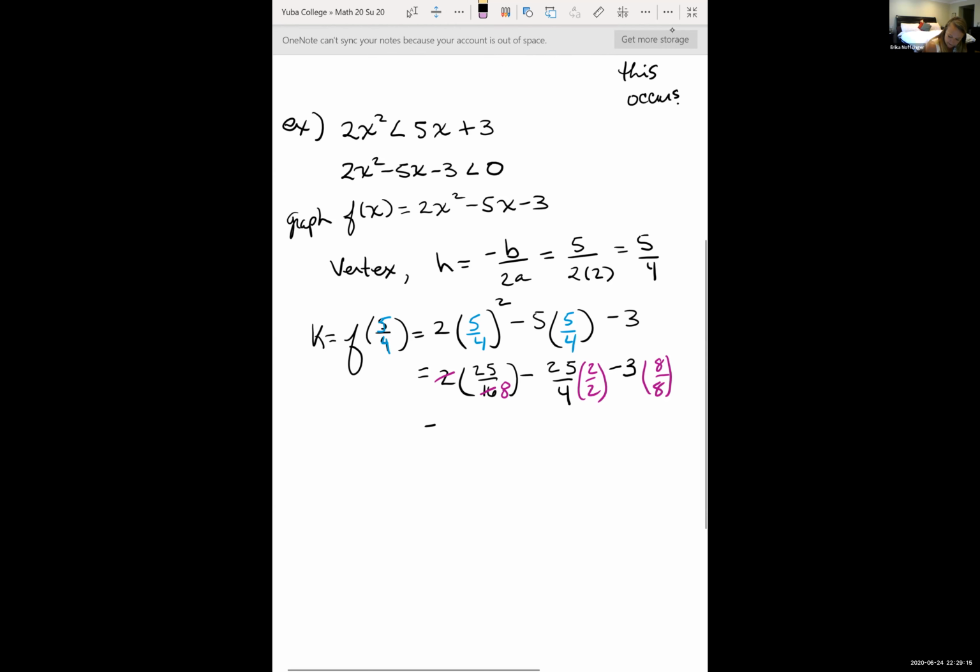So we have 25 minus 50 minus 24, all over 8. 25 minus 50 is negative 25. Negative 25 minus 24 is negative 49, all over 8.